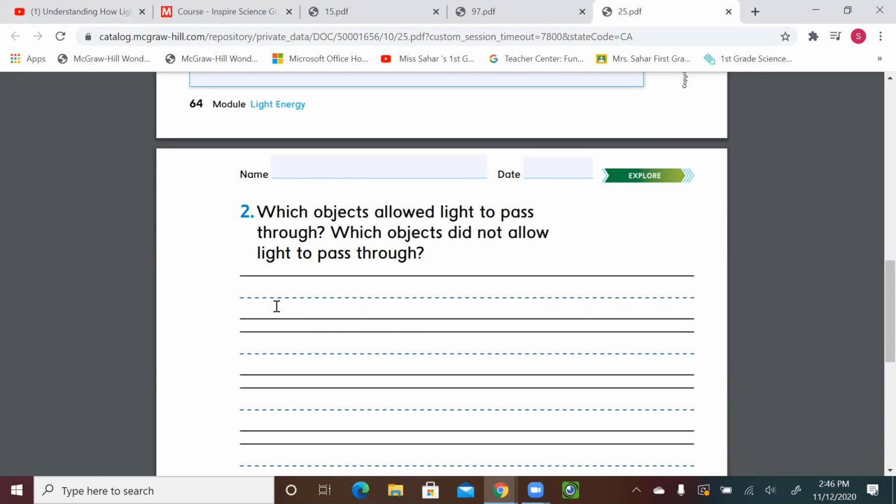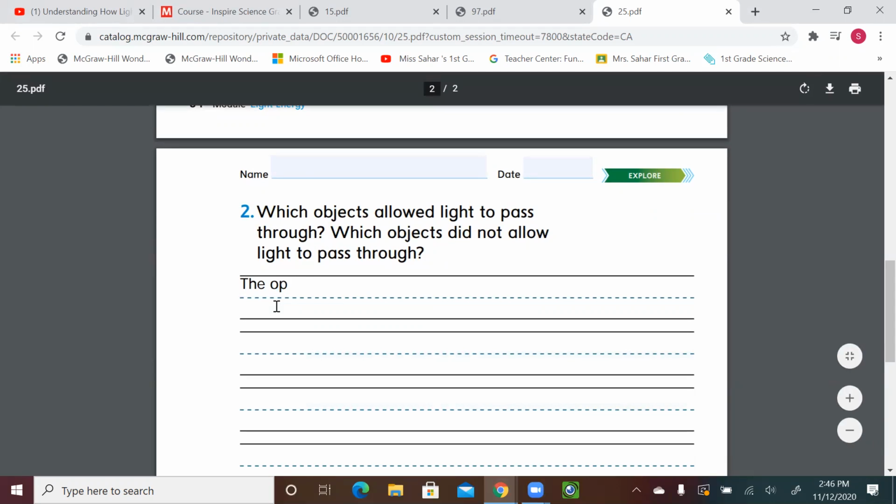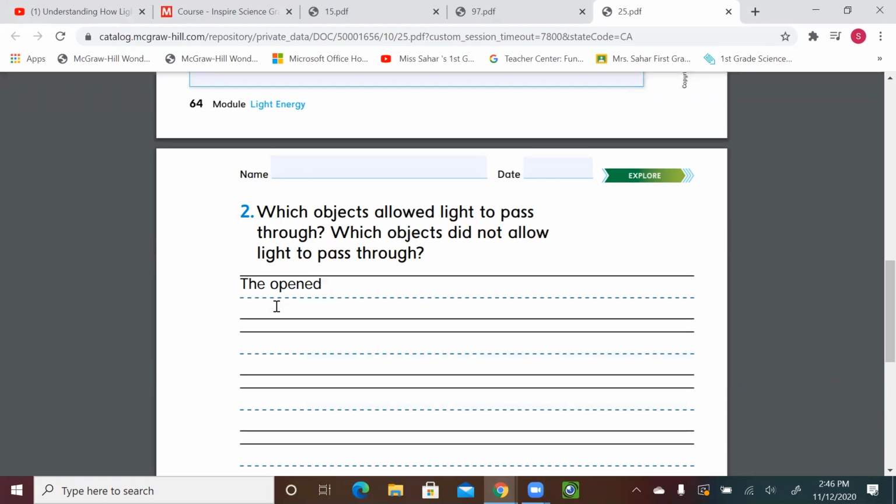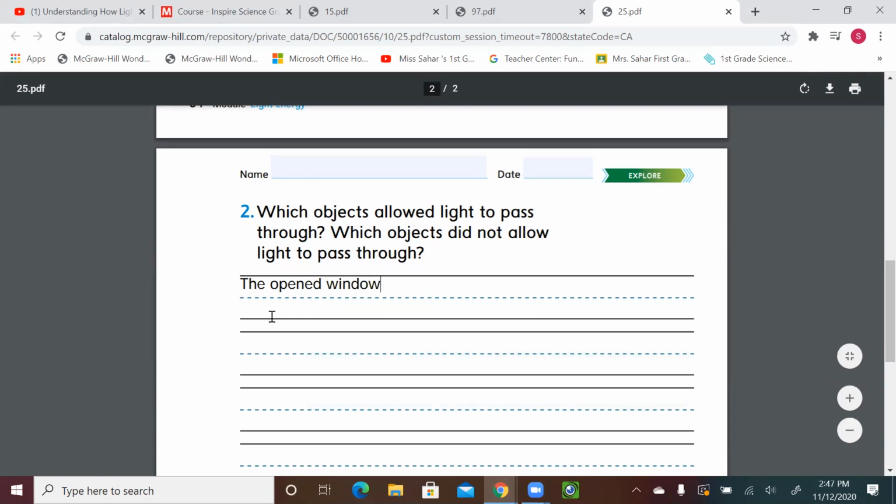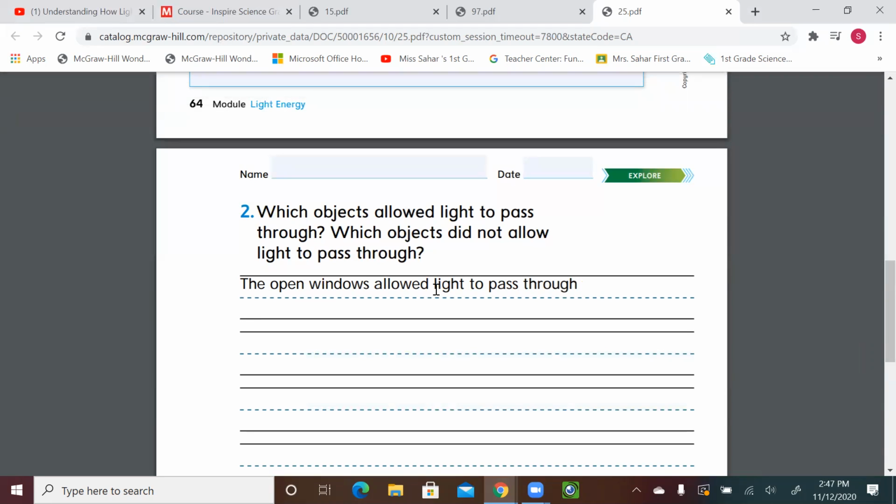All right, so I have an open window. Open window allowed light to pass through. How about the curtains?